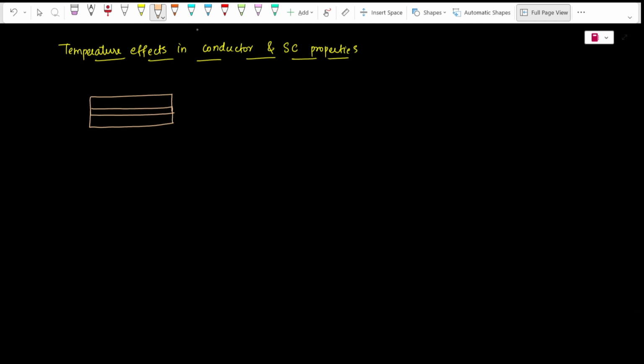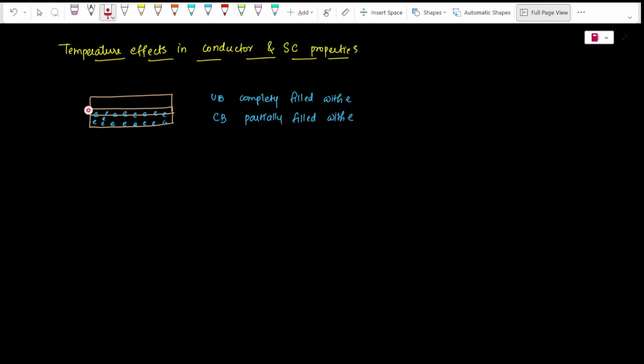And we have also seen that the valence band is filled with electrons, and since the valence band and conduction band overlap, the conduction band is partially filled with electrons. So the valence band is completely filled with electrons. The conduction band is partially filled with electrons.